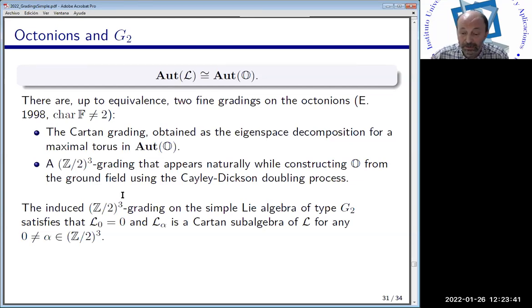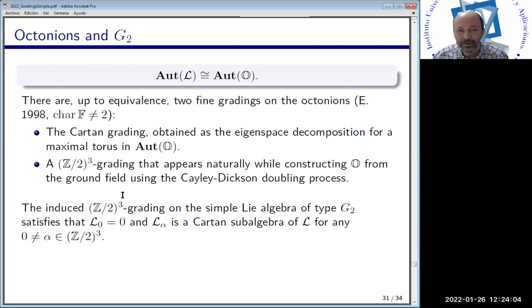One gets a grading where the neutral homogeneous component is trivial, and then we have 7 other homogeneous components, and all of them are Cartan subalgebras. So we have a splitting of the simple Lie algebra of type G2 as a direct sum of 7 Cartan subalgebras of G2, and these are very nice gradings on these algebras.